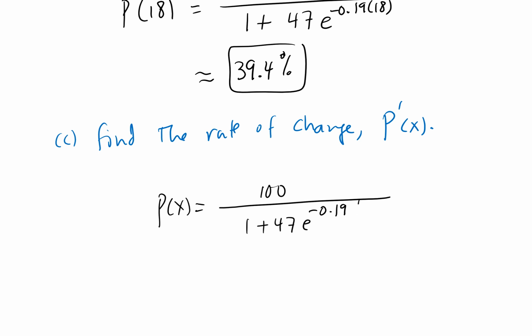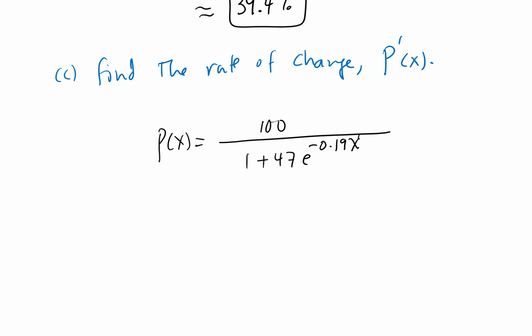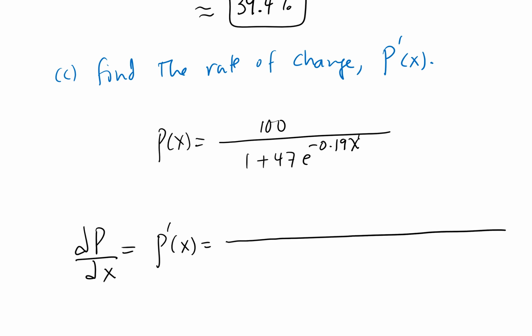Usually we put t. They want us to find P prime, the derivative for this. This is, again, dP/dx. To find the derivative, we use the quotient rule.